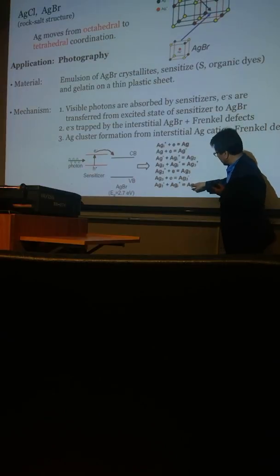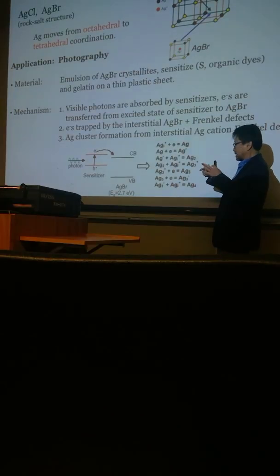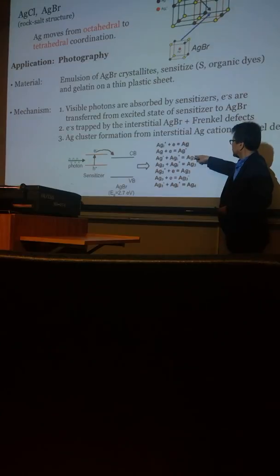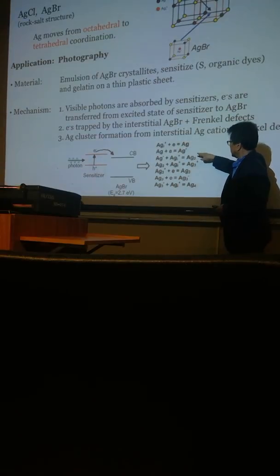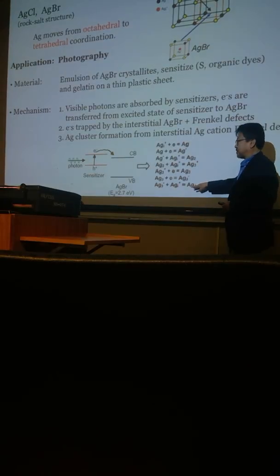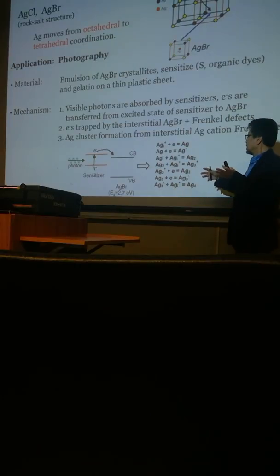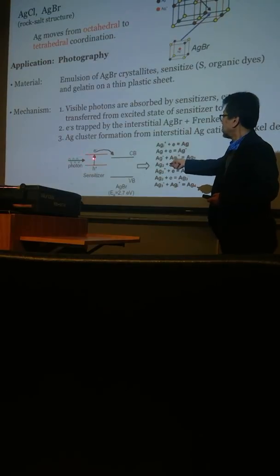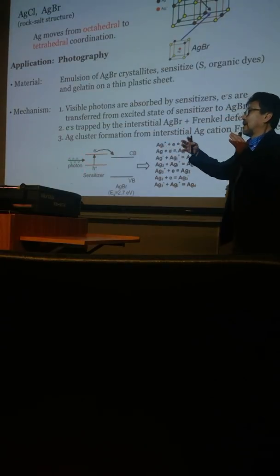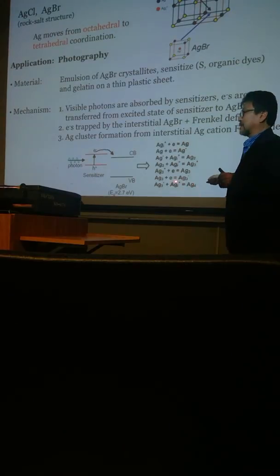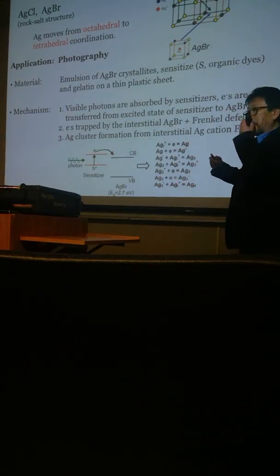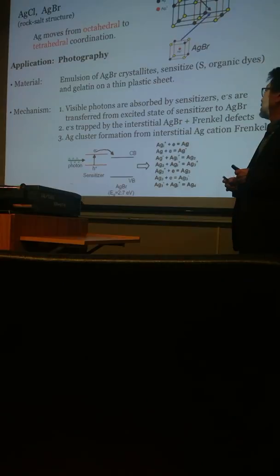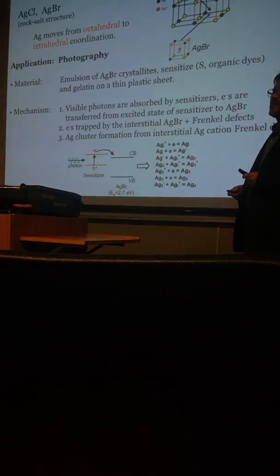Then you can go further and the cluster gets larger: silver 2, silver 3, silver 4. Depending on how much you expose, you have more silver clusters. This is the way you can create photographic contrast.